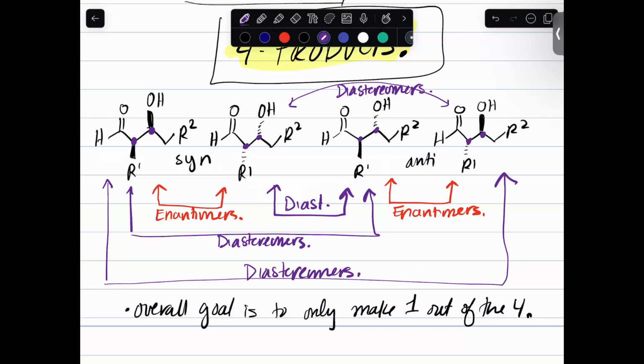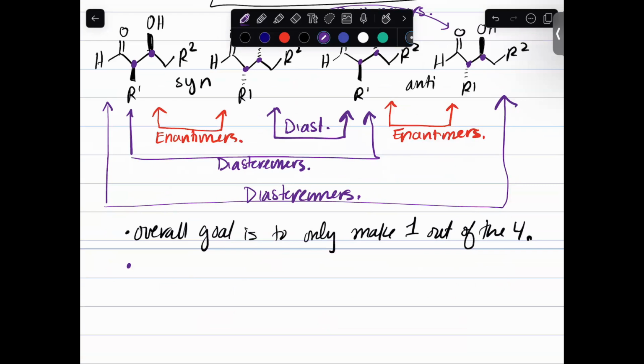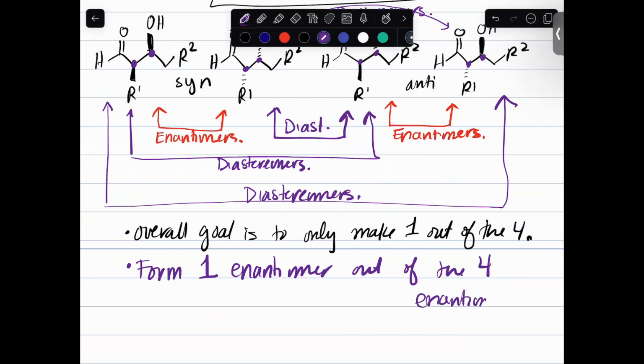Okay. And so what we want to do is form one enantiomer out of the 4 enantiomers. And so we're just redefining our task.